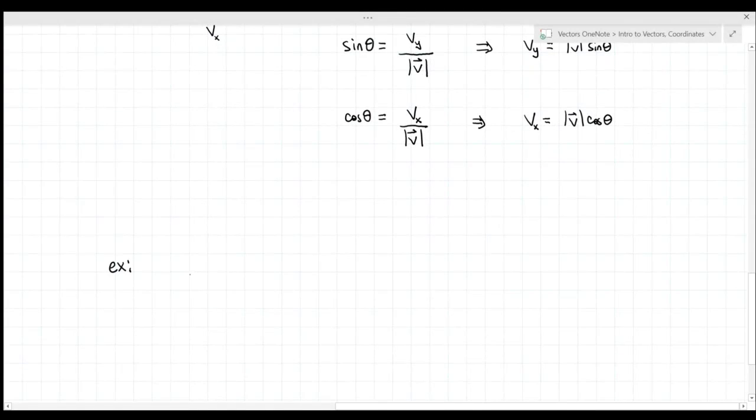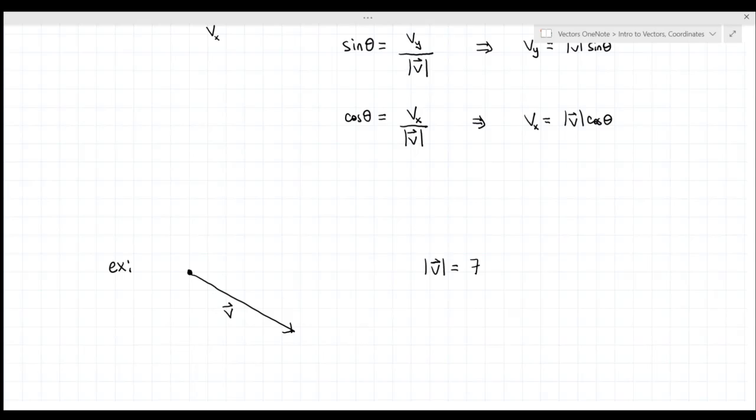I'm going to draw a vector like this. Let's say this is the vector v. Here I'm just going to make up a number for its magnitude. Let's say that its magnitude is 7.